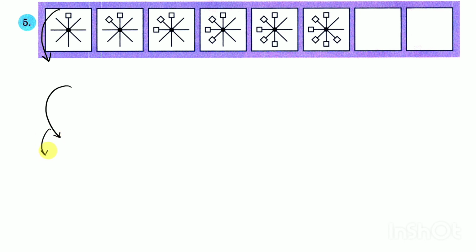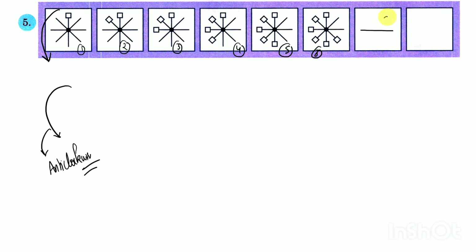This problem has already been discussed in our previous videos. There is 1 box, 2, 3, 4, 5, 6. Actually there is an increase of a square on its adjacent line in an anti-clockwise manner.